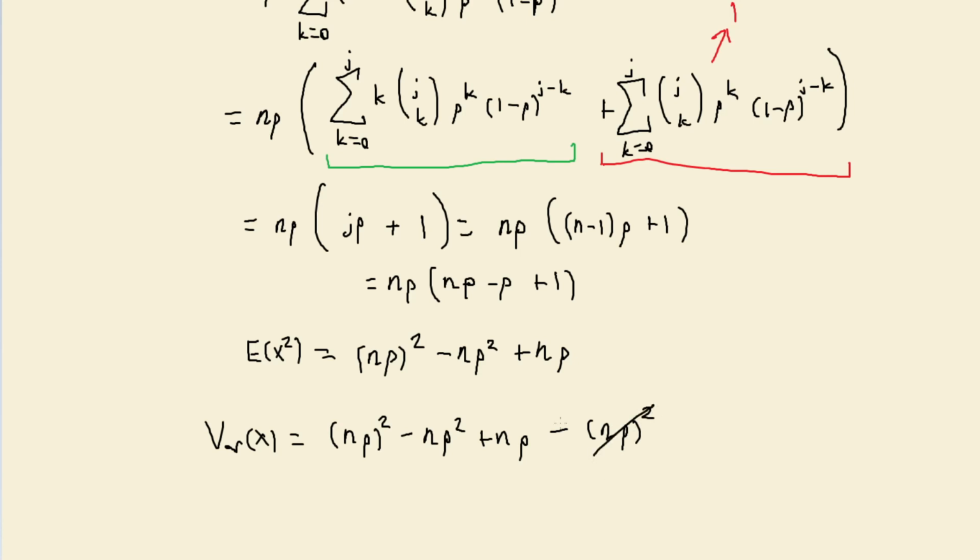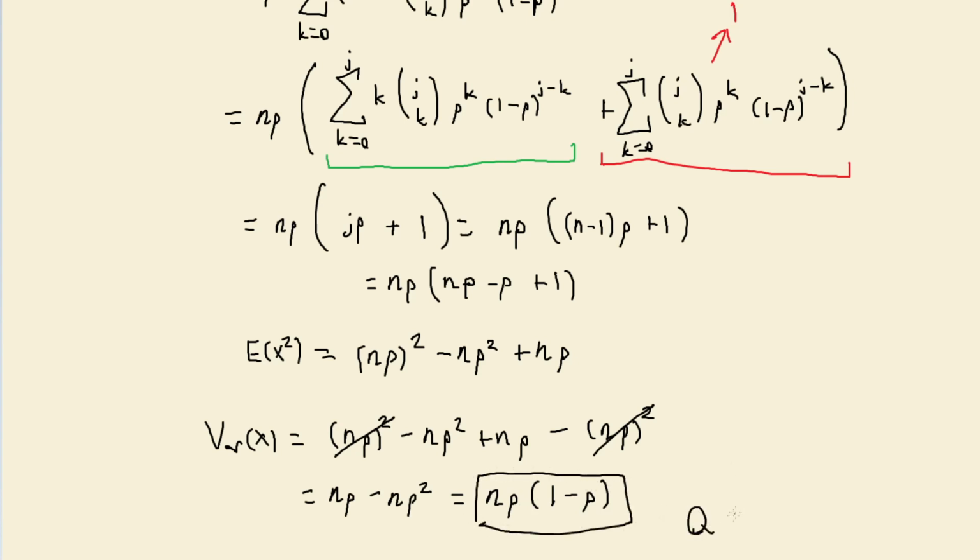When we subtract this, it will cancel this np squared here, and we'll be left with np minus np squared. And this is just equal to np times 1 minus p. So that's the variance of the binomial distribution.